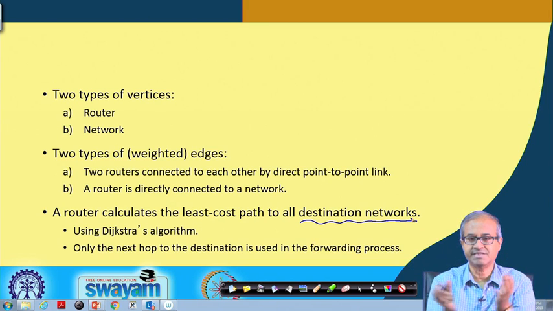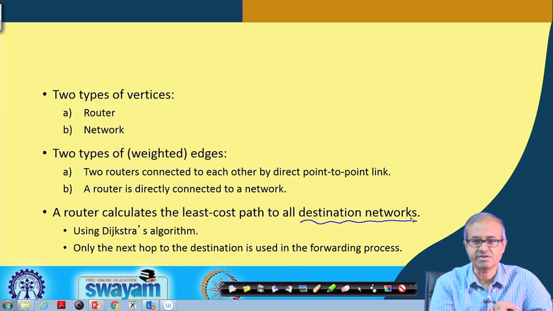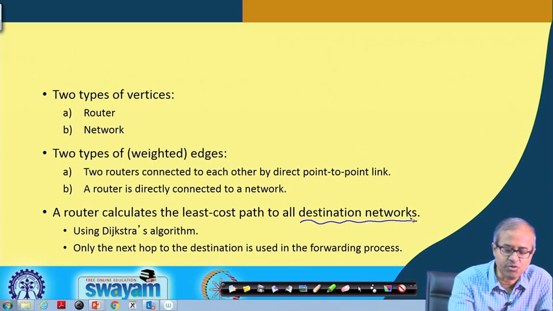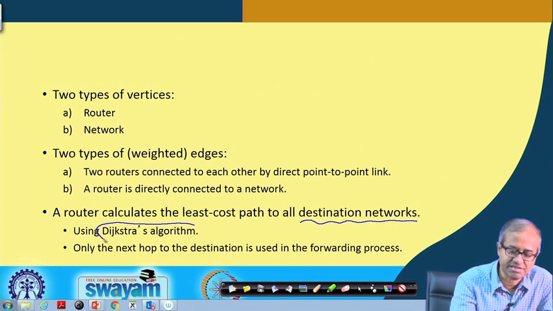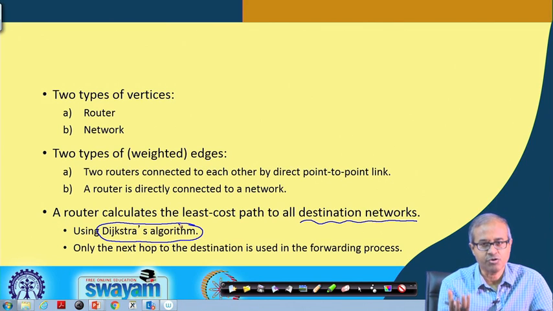It has a set of networks in its database, it tries to compute the shortest path to all the networks, and it uses a very well known algorithm, Dijkstra's algorithm. Dijkstra's algorithm is an algorithm that computes shortest path between pair of nodes in a graph.